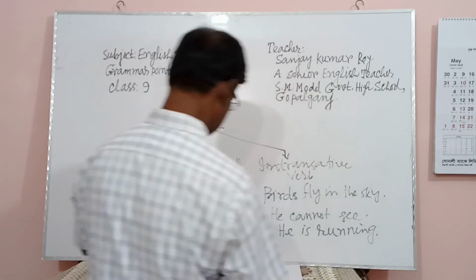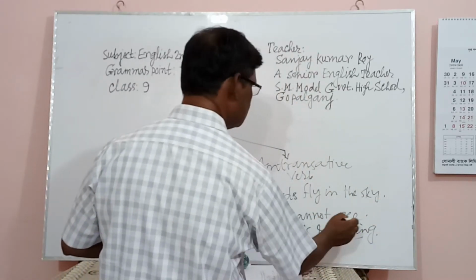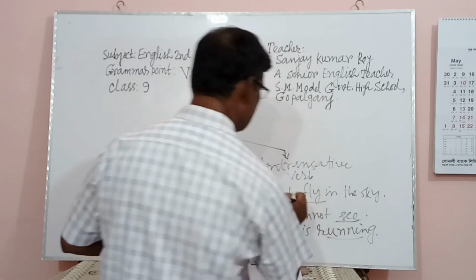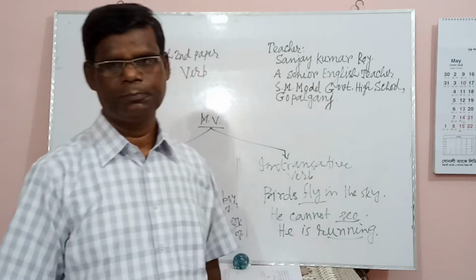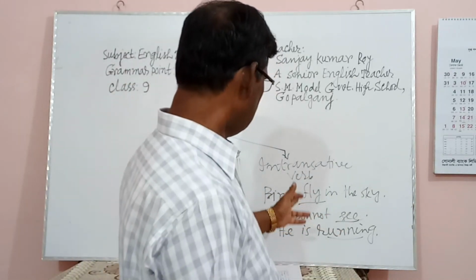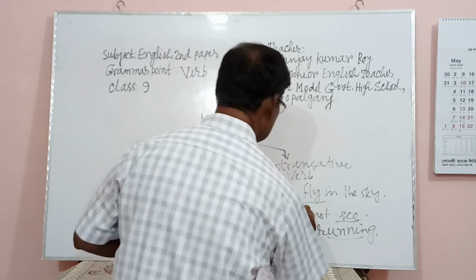He is running. Here run, see, fly. These verbs have no objects. So these verbs are intransitive verbs.